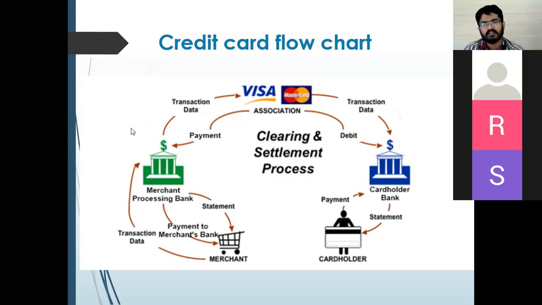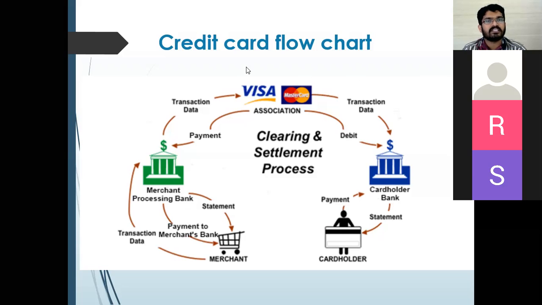In a similar way, the merchant banker also gives some transactions related to Visa, which is related to that bank only. Let's say ICICI Bank and Canara Bank. ICICI Bank submits the transaction data to Visa. Canara Bank also submits data to Visa, and Visa settles the account, like what is payable and what is receivable, and only the balance amount is paid to the respective banks.